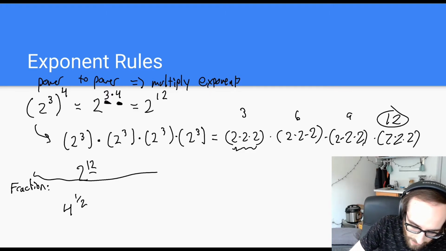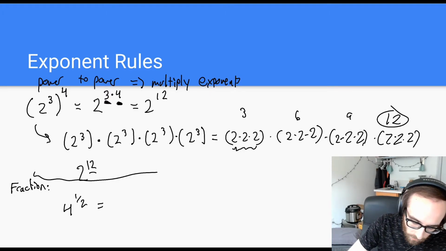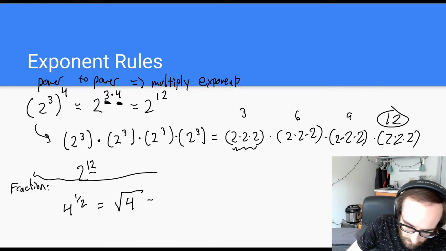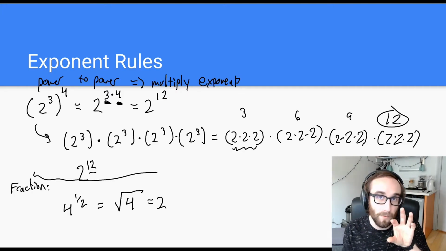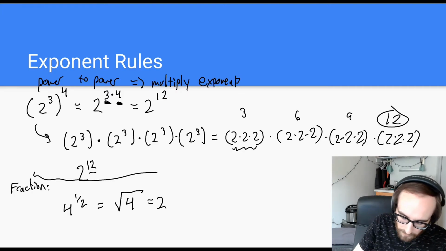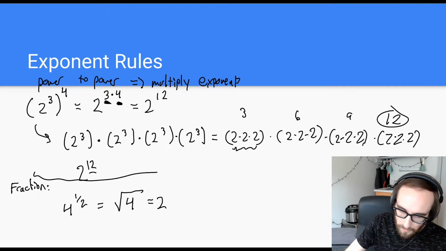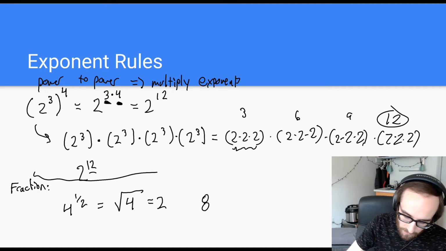So 4 to the 1/2 is the same thing as the square root of 4. In other words, we get 2. And the root that we take is whatever the bottom of the fraction is. So if we have 8 to the 1/3, for example, that's equal to the cubed root of 8.